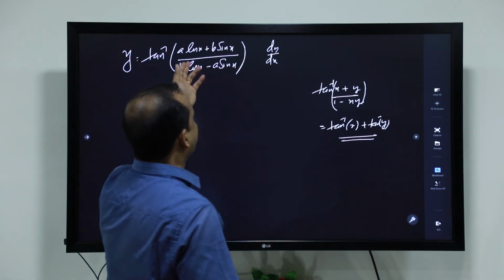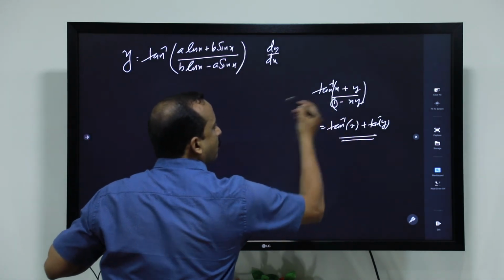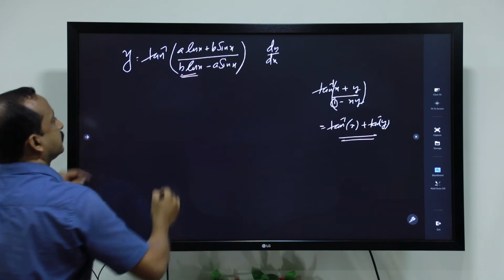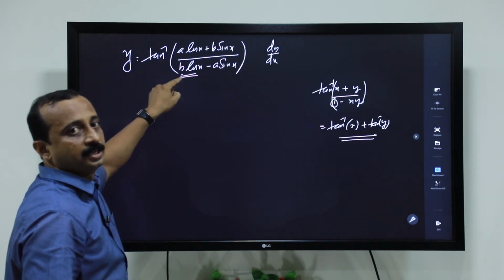First of all, convert to the form (x plus y) by (1 minus xy). The first term in the denominator is 1, so b cos x should become 1. First of all, divide numerator and denominator by b cos x.